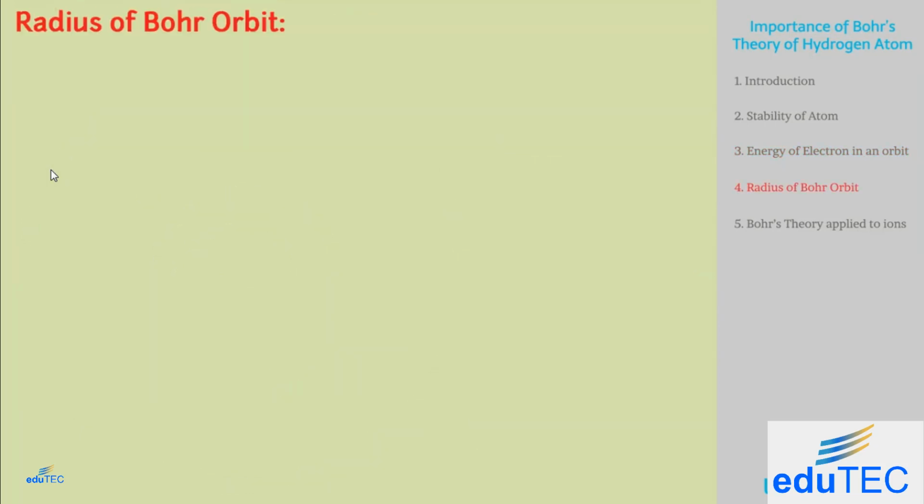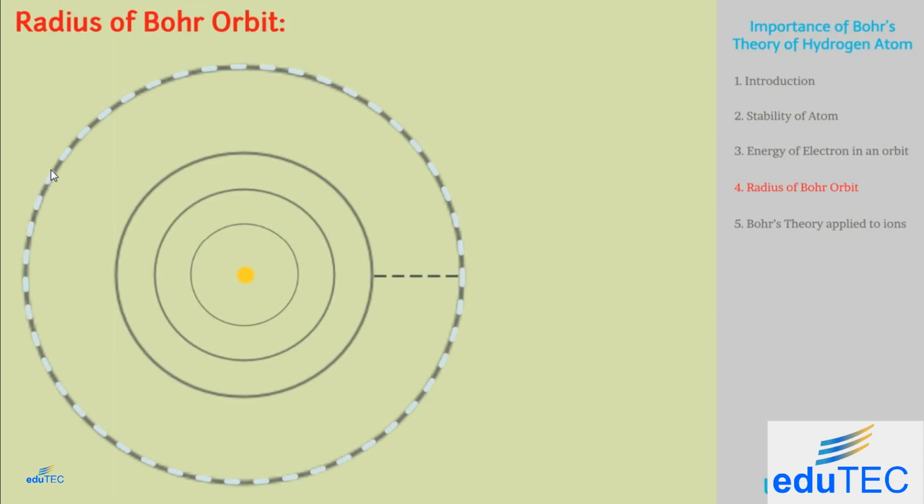Radius of Bohr orbit. Radius of Bohr orbit is expressed as Rn equals to n square into A0, where A0 is equal to 52.9 picometer.